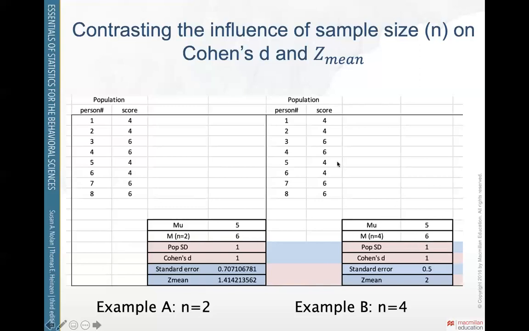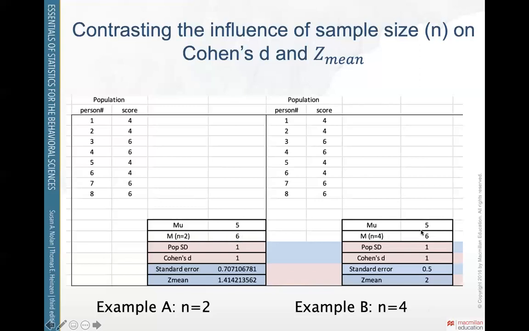We do the same thing for example B, but instead of using a sample size of 2, we use a sample size of 4. Once again, we randomly pick 4 numbers from up here, add them together, divide by 4, and the mean of that sample is once again 6. So in this example, the sample mean M equals 6, but it's based on a sample size of 2.